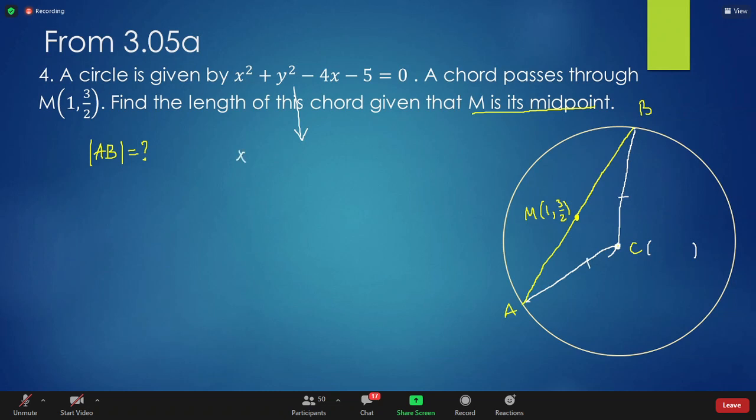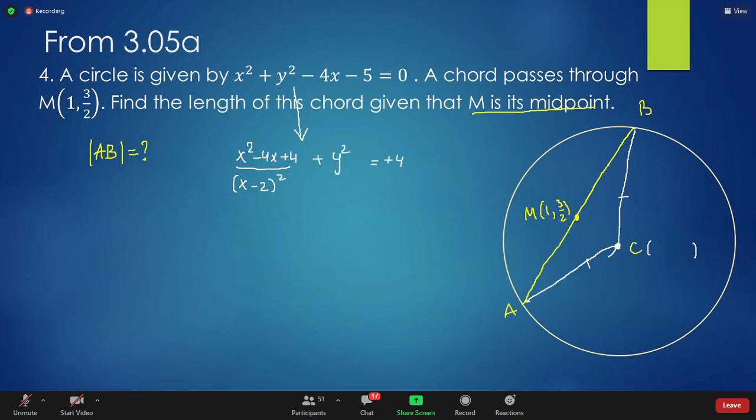X squared minus 4x, very similar to the previous case. I need to add 4 to both sides, because I want to get the perfect square. I'm completing the square. Then we have y squared. Y squared is there, but no simple y, so I don't have to complete the square.